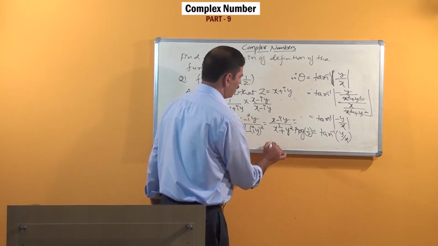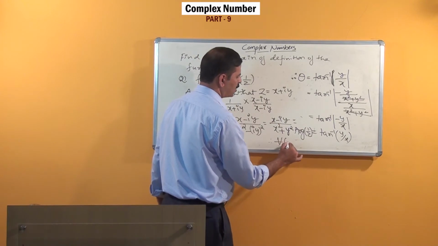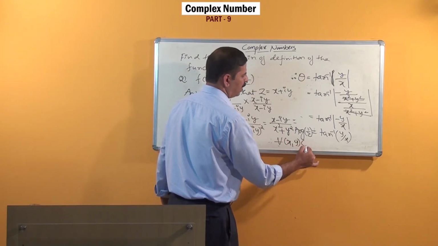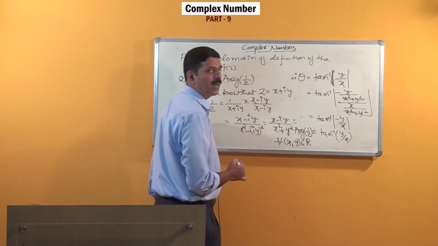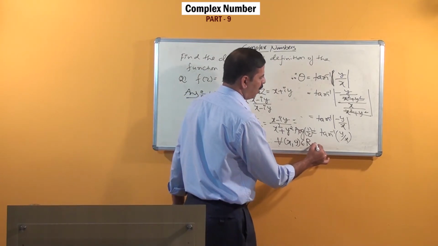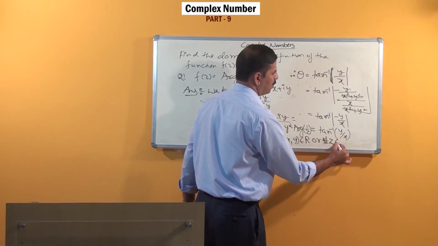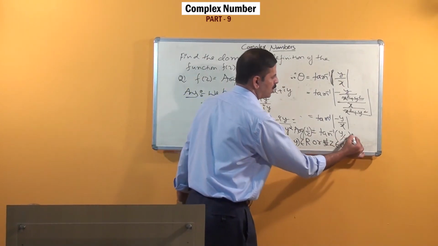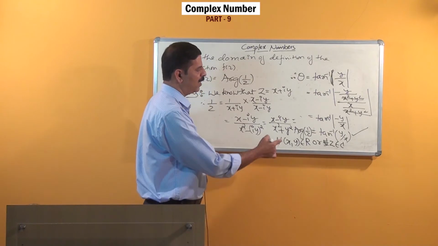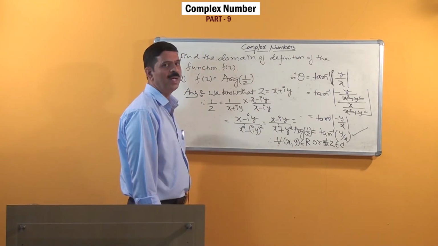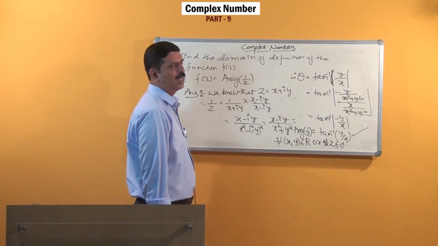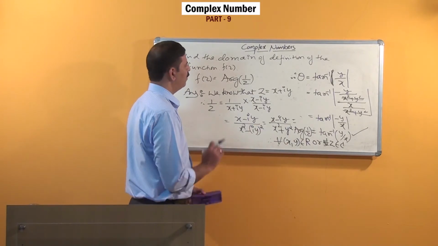So, the domain is set of all values of x comma y, which belongs to R, or this is nothing but the set of all values of z, which belongs to the set of complex numbers. So, in the whole set of complex numbers the function is going to be defined. That is the domain of the given function.